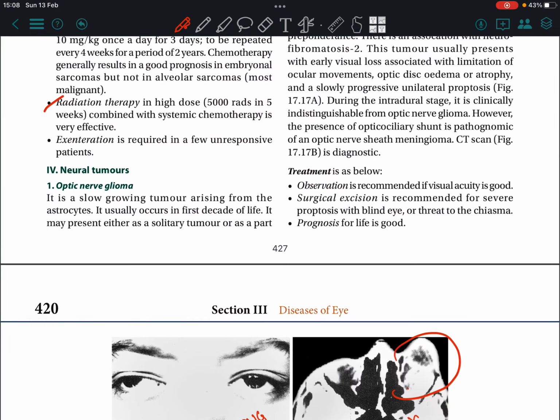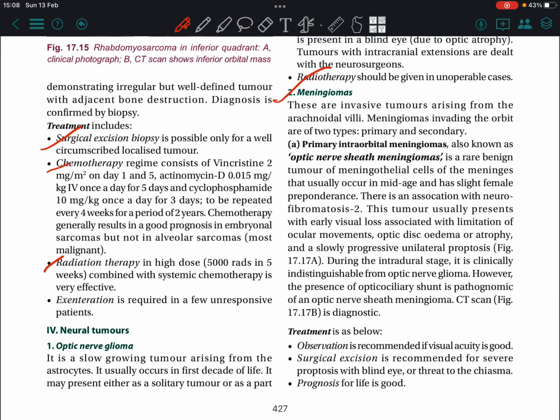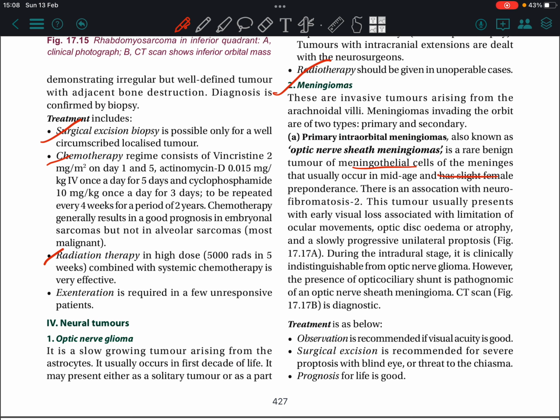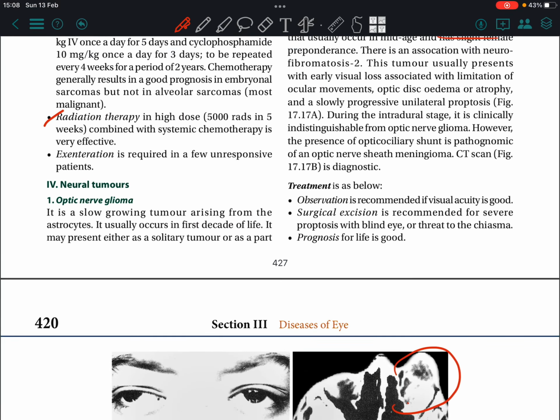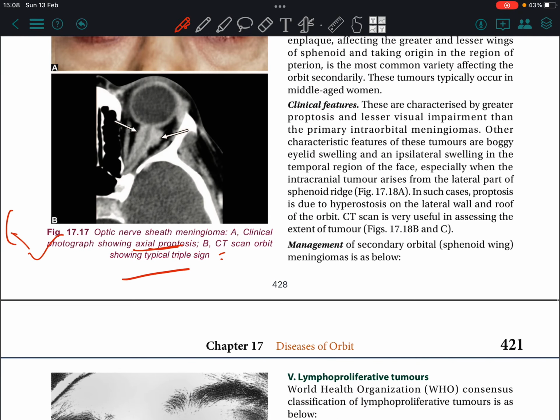Optic nerve sheath meningioma has the triple sign. Triple sign is important.